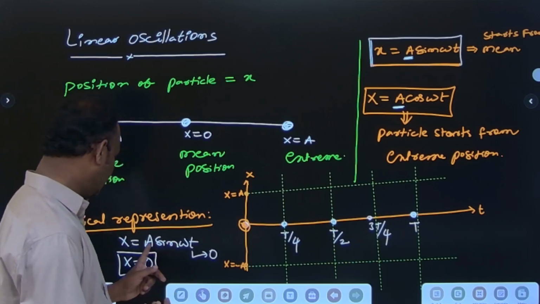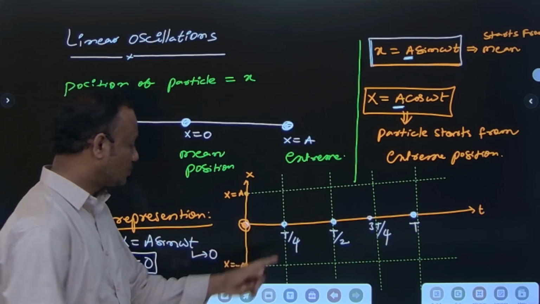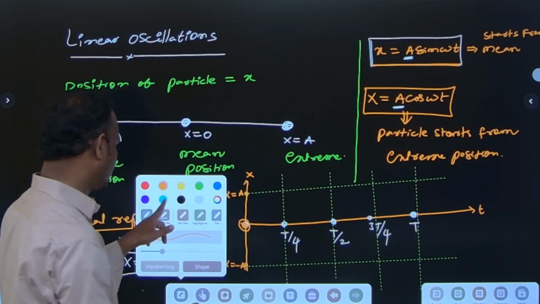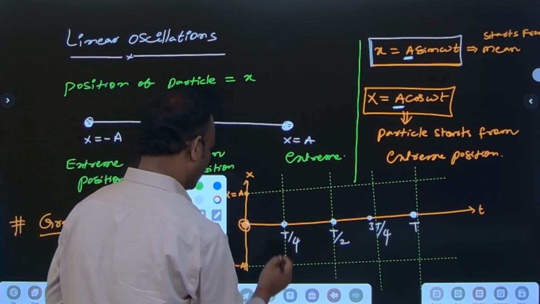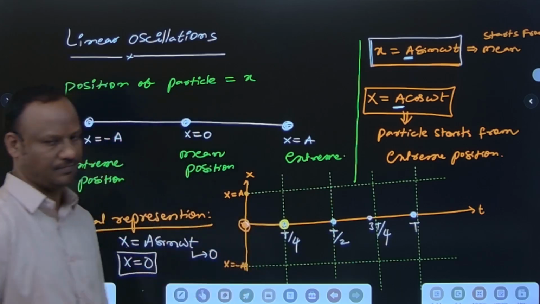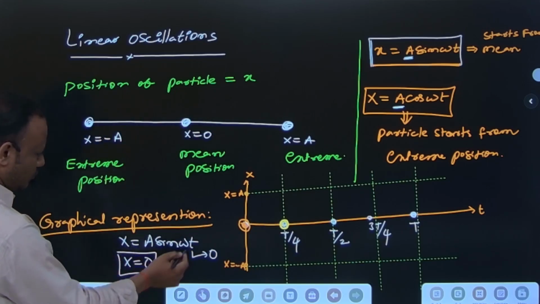Let me check this. First, x equal to A sin omega t, as we have written. In place of t, if I substitute, for example, T by 4, what do we get in x is equal to A sin omega t?